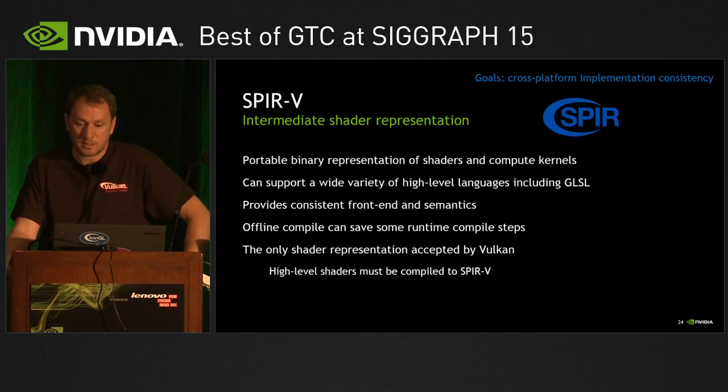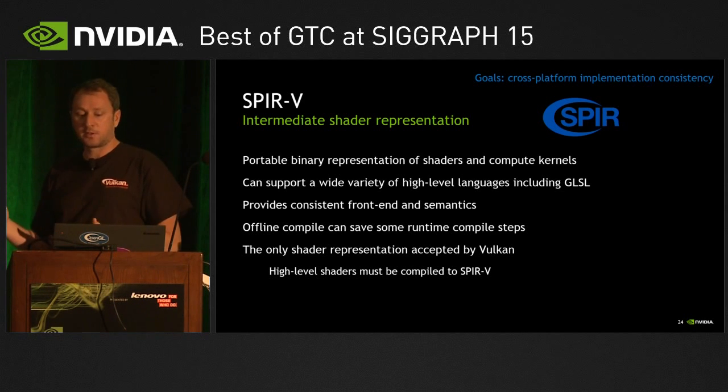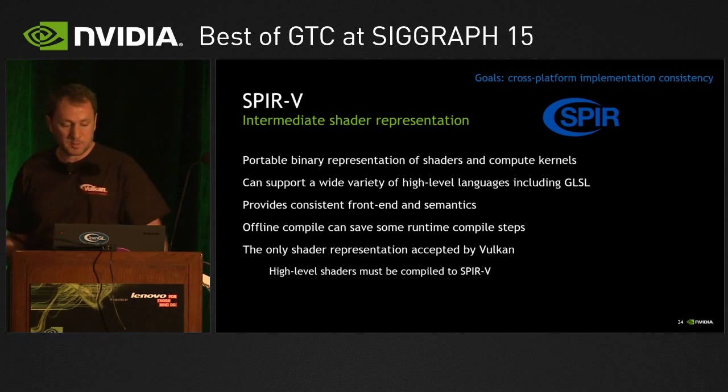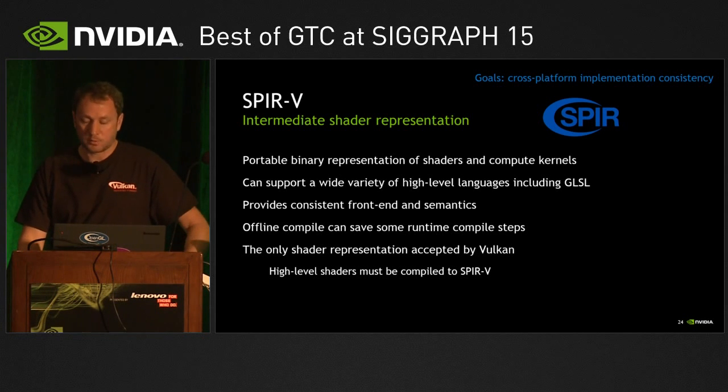So some of that inconsistency is filtered out right at the front end. There's consistent semantics. And then doing a little bit of compile offline can save some compile steps. But the implementation still needs to convert from the SPIR-V down to their machine code. So it doesn't save all compilation steps.